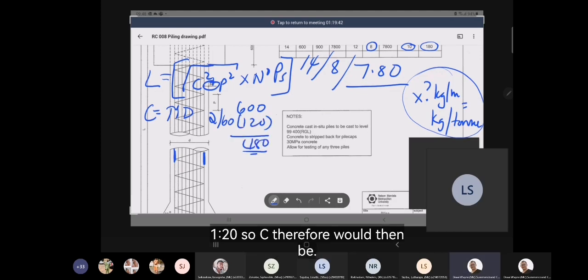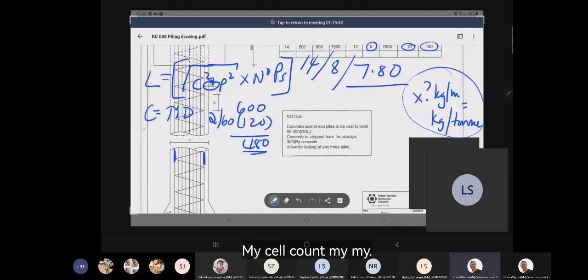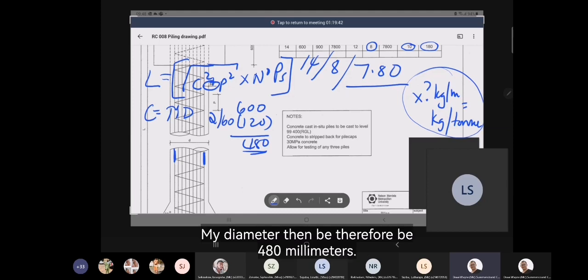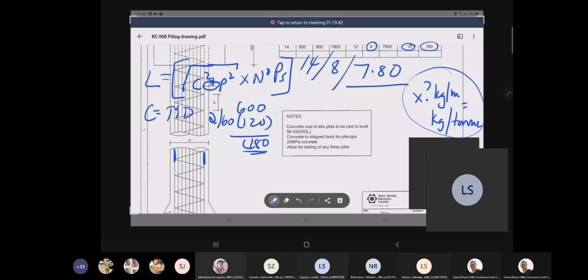So C therefore would be, my diameter would be 480 millimeters. So 480 millimeters. I need to do that formula over there.